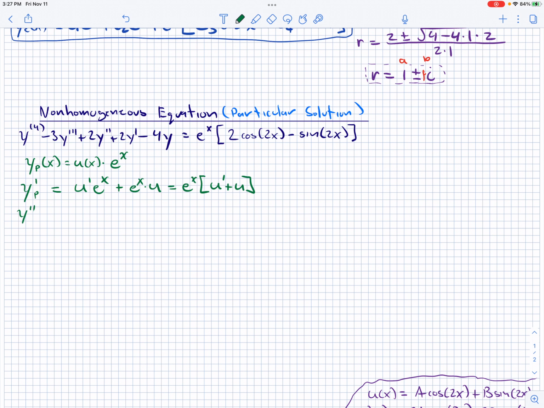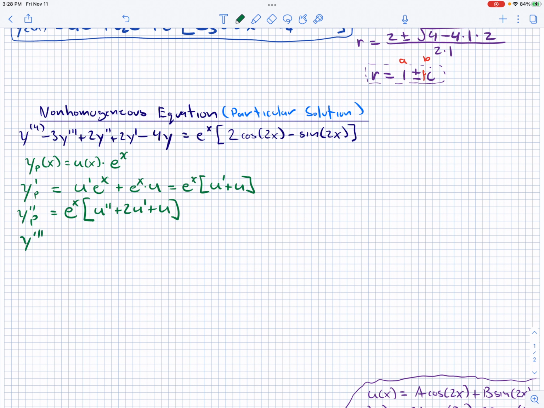Y double prime, again, when you have it in this form, you can just use the product rule, and it becomes a little more straightforward. So you end up with e to the x times u double prime plus 2u prime plus u.